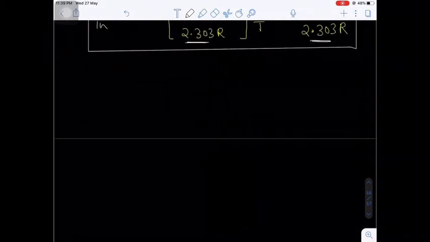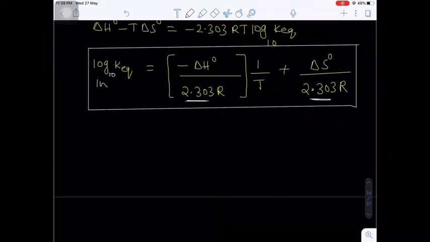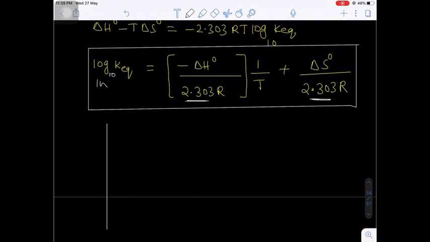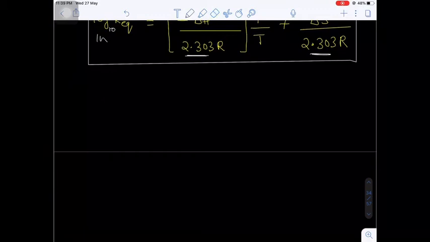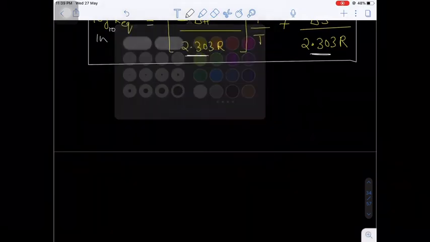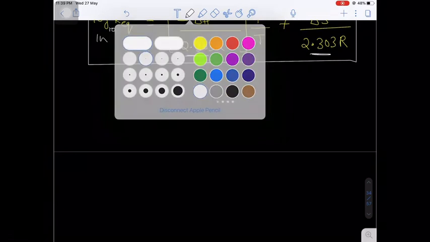Now here also we can draw the graph. Just wait, I am writing on the next page.